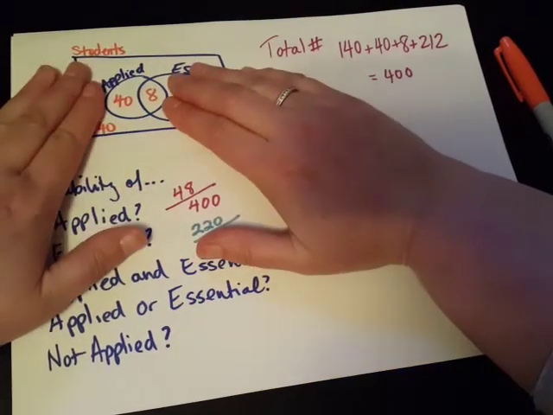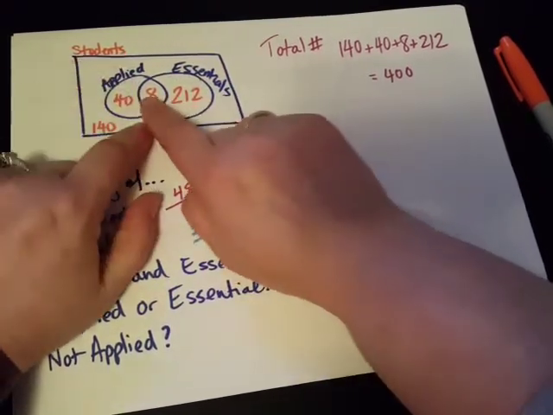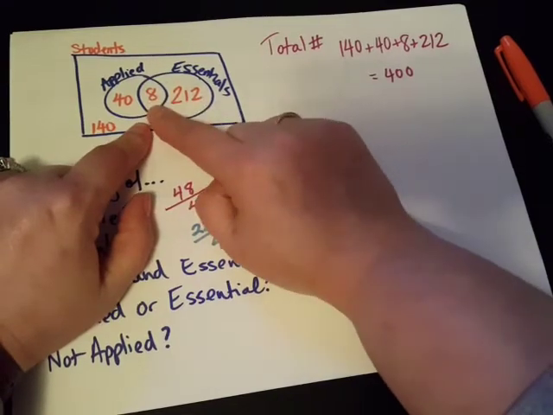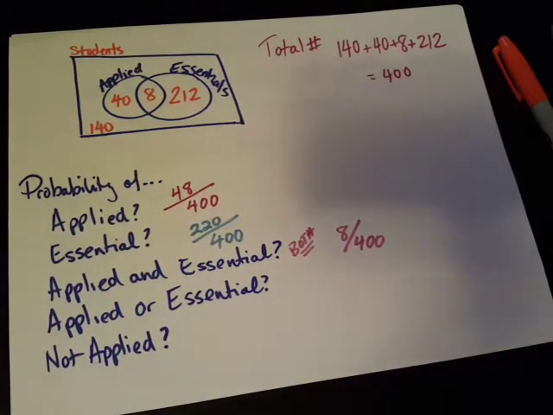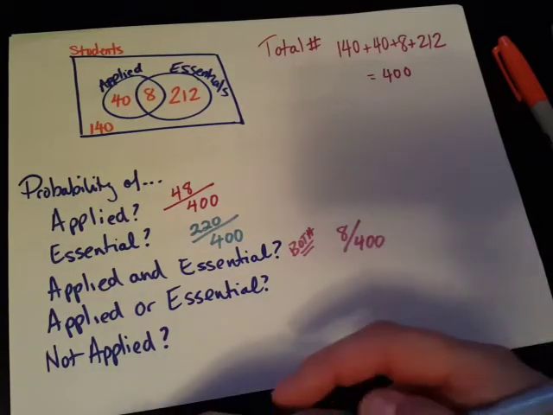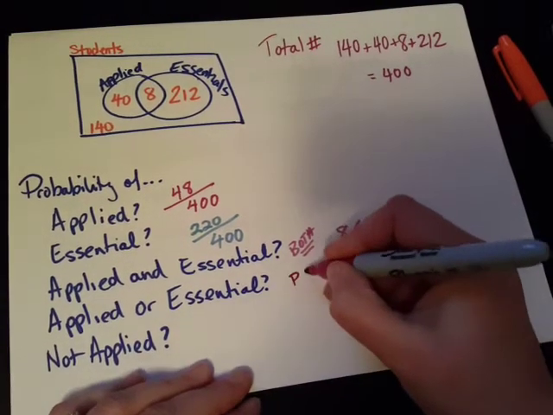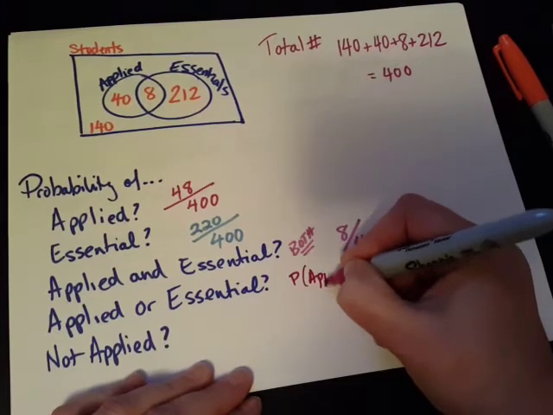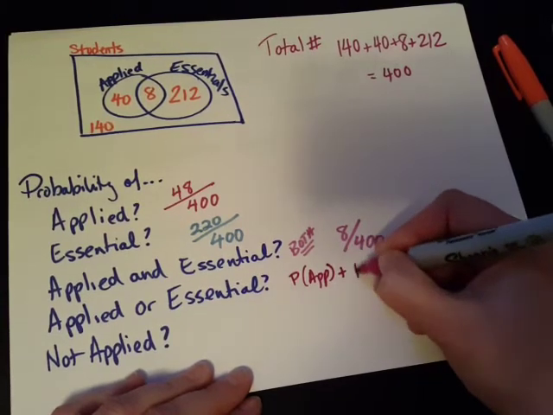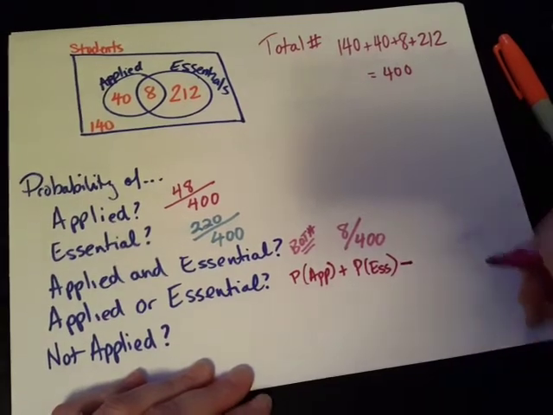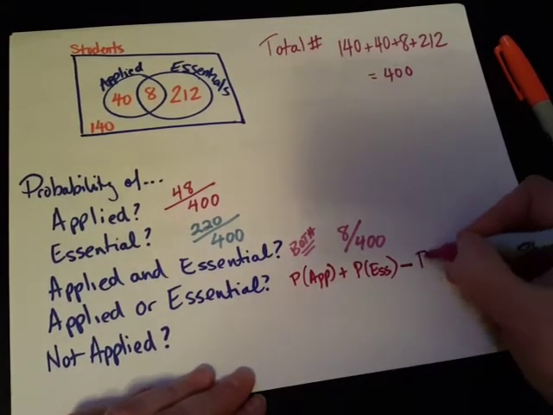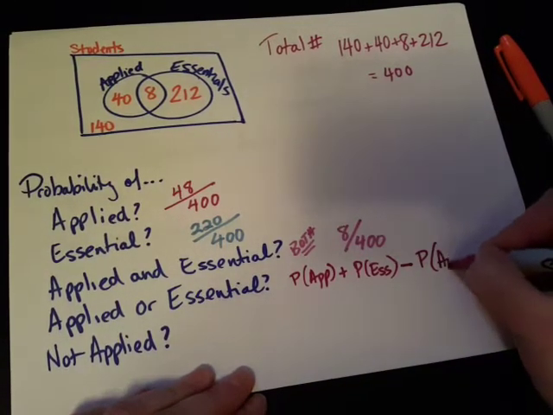If we take 48 and we add the 220, we've actually added the intersection twice. We've duplicated it. So we're going to take the probability of somebody being in applied math and the probability of somebody being in essential math, and we're going to subtract off one instance where they're in both.